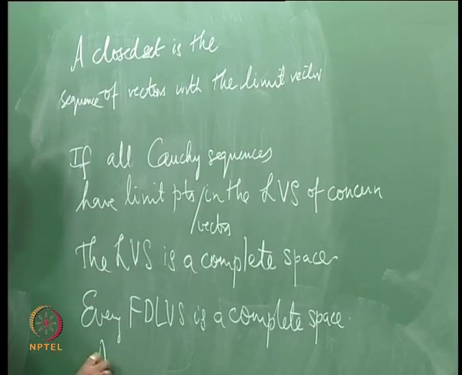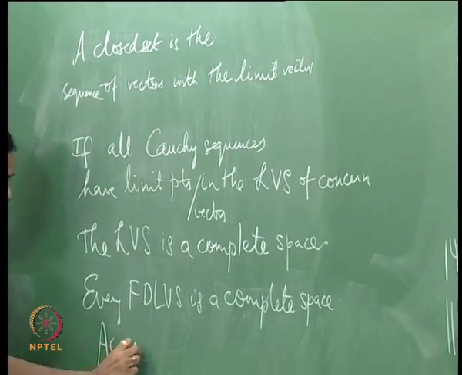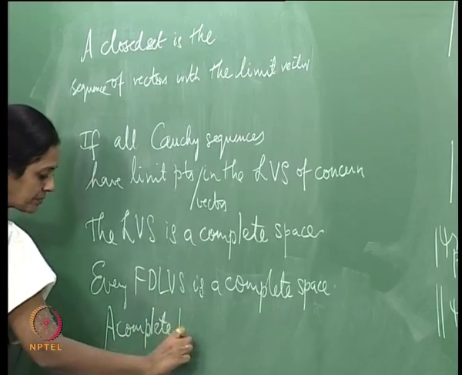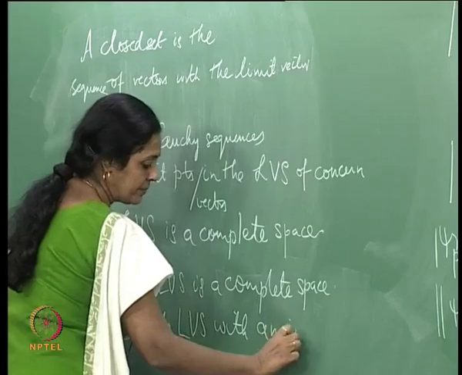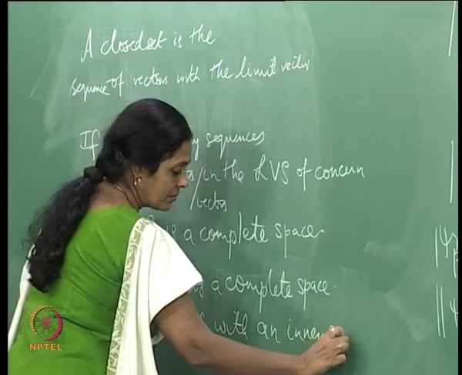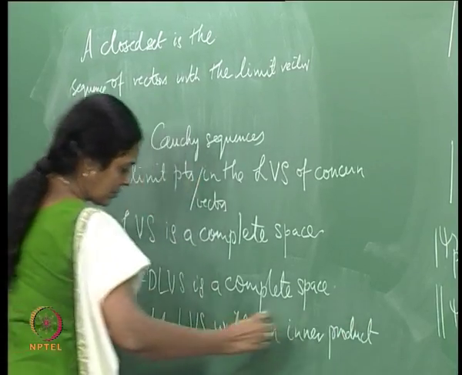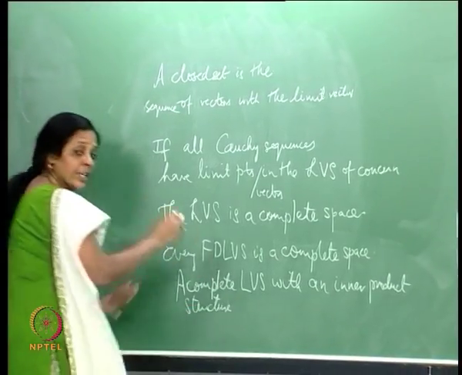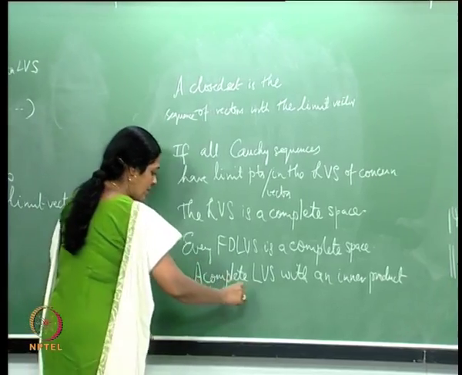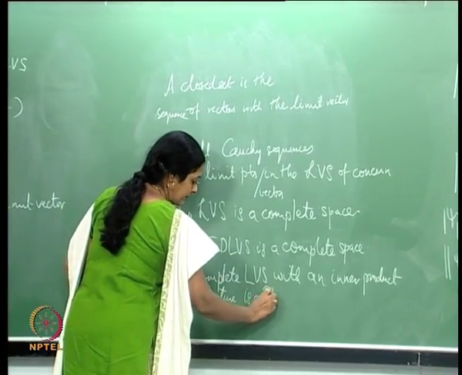So a complete linear vector space with an inner product structure defined on it, and therefore the norm of vectors defined on it, is a Hilbert space.